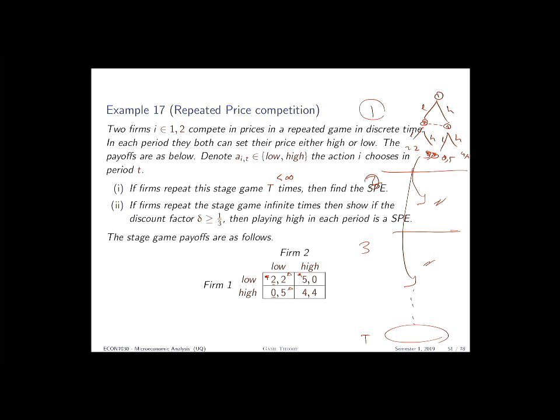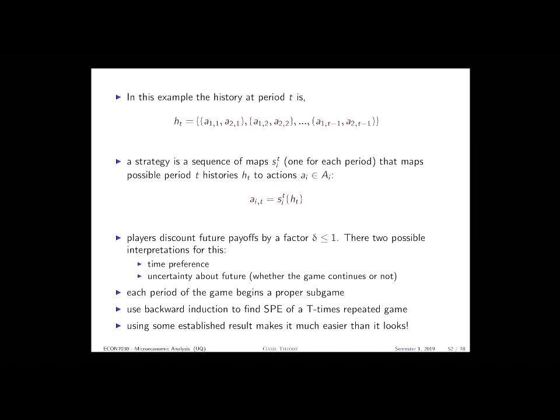So if I find, for instance, this as the SPE or NE, let's say LL, the NE of the game, that would be the same for the last period as well, because nothing will change till the last period. Therefore, the same best responses will remain at each period. Okay. Now this is another thing that you need to be careful about.